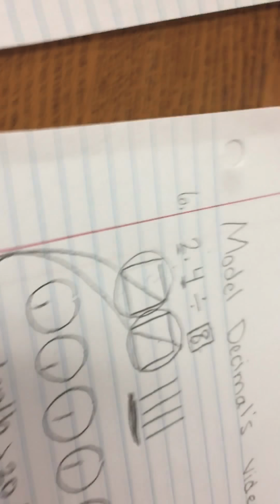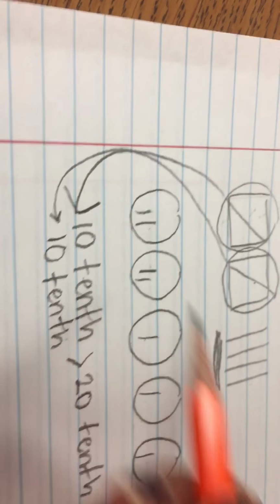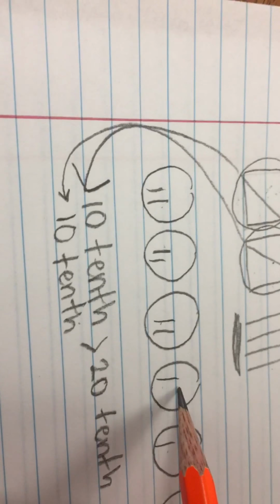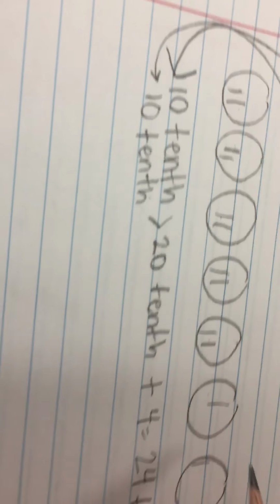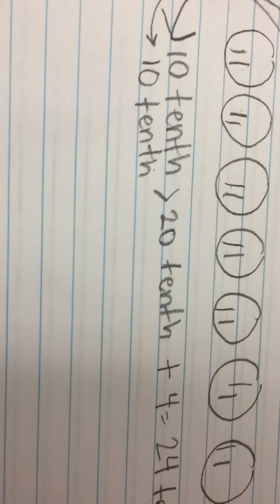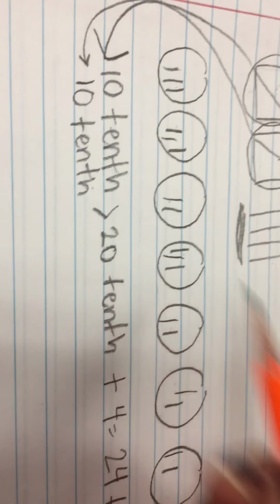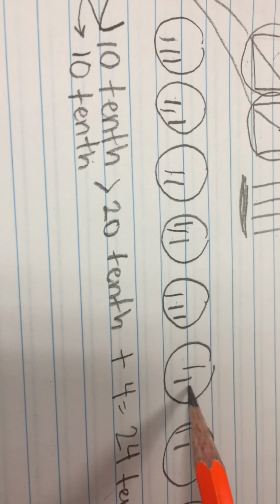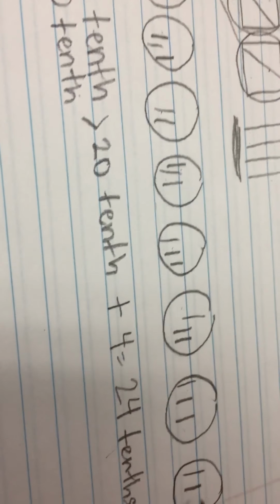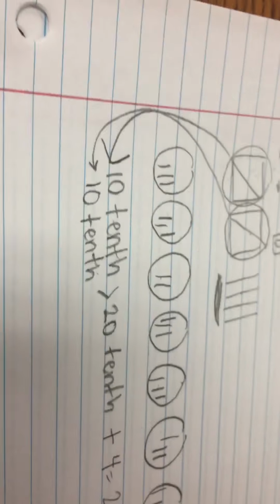Oh man. 9, 10, 11, 12, 13, 14, 15, 16, 17, 18, 19, 20, 21, 22, 23. I think I messed up. This one should have another 3, 24. So in each group, you have 3 tenths.